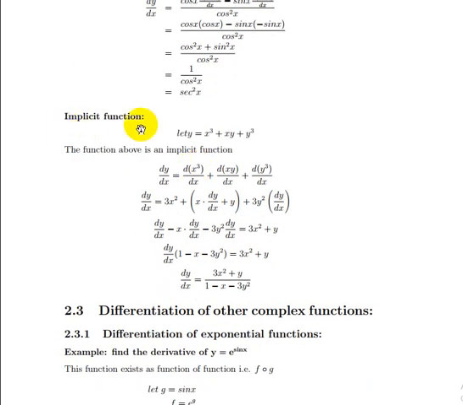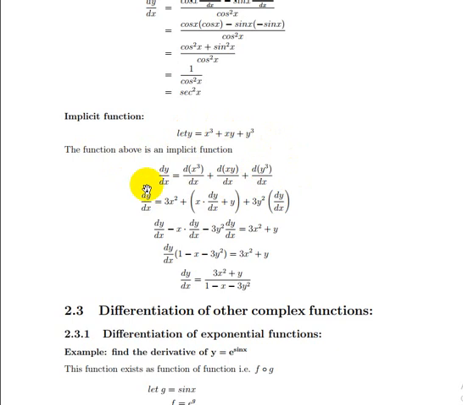Now let's see the last one, the application of the technique of implicit function. Let's say now you have a function y equals x cubed plus xy plus y cubed. To find the gradient function of this function, I'm going to differentiate it part by part. This is why we preferably use the dy all over dx notation, more than the f prime notation.